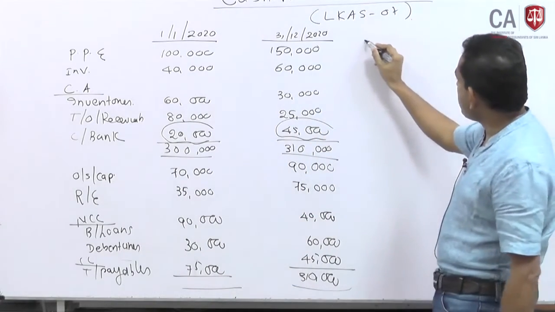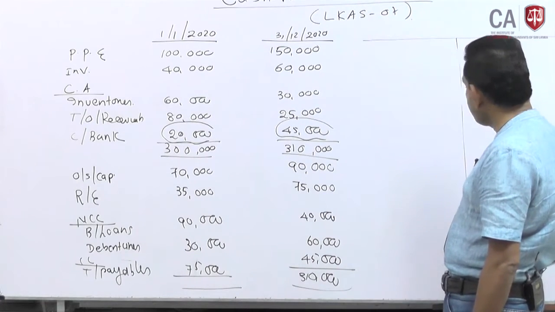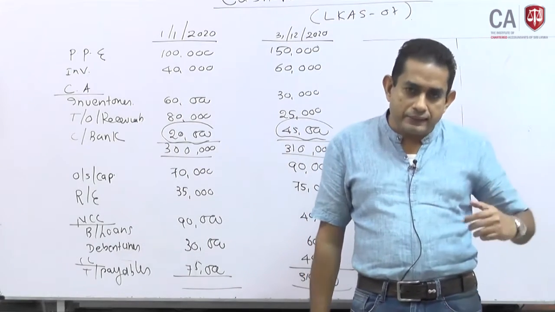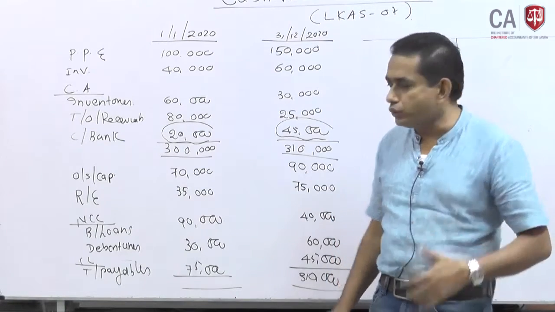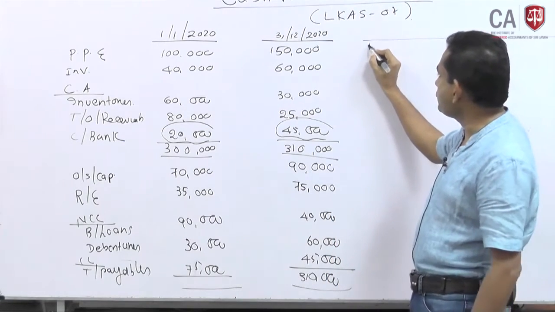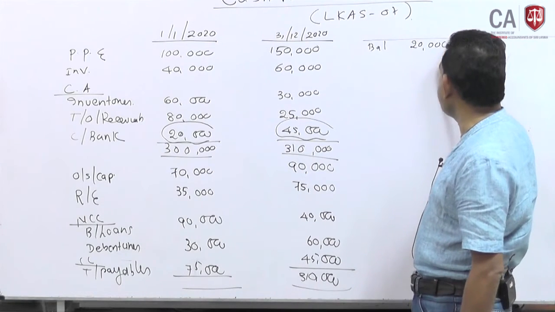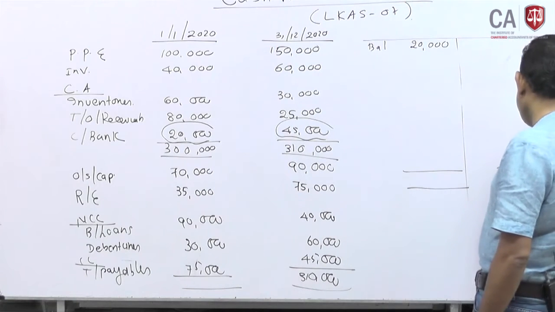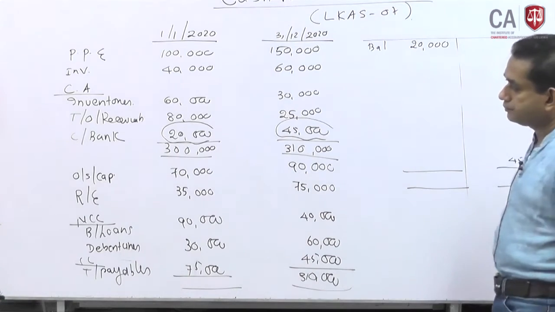If I prepare a very brief cash book, which is not as detailed as the original cash book we would have maintained, this is how it looks. Let me bring the opening balance: 20,000 here, and the closing balance has to be 45,000.